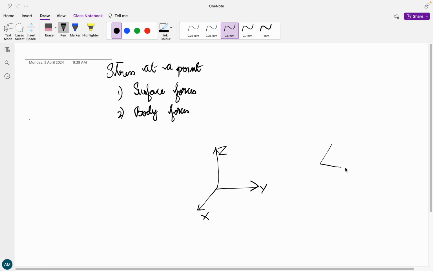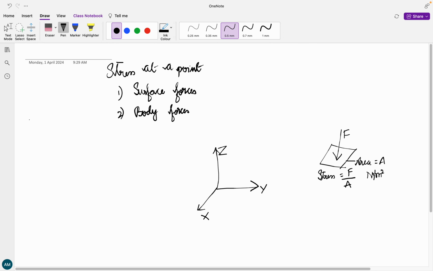Say you have a particular body like this, with an area A, and the force applied is F. Then stress is defined as force per unit area.